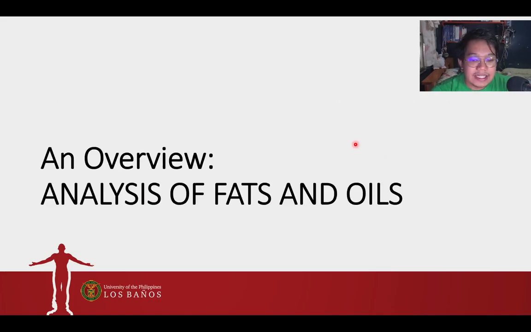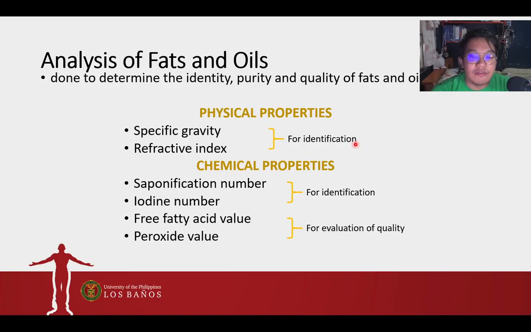For the analysis of fats and oils, these are the parameters that you should consider. It is done to determine the identity, the purity, and the quality of the fats and oils. For example, you are given a sample of a fat or oil, and you do not know what kind of fat or oil it is.